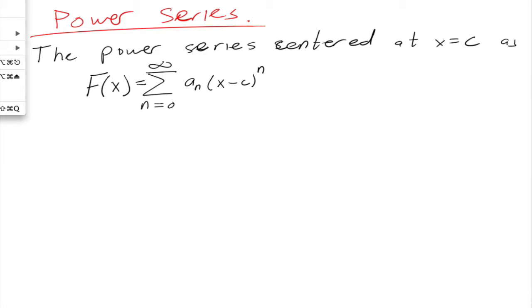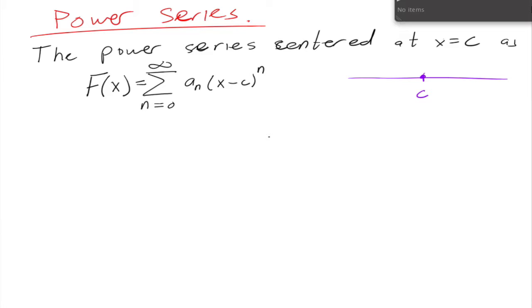So that's why we say it's centered at c. Let me draw a little. Let's say that this is a number line, and c is right here. So the closer the x values are to c, the better the chance it has of converging, because then you have this small number being raised to the n.